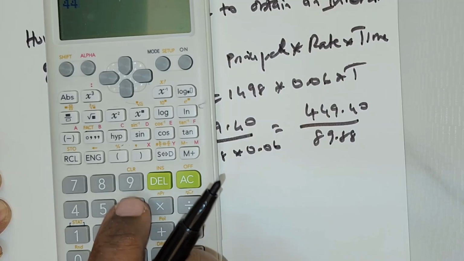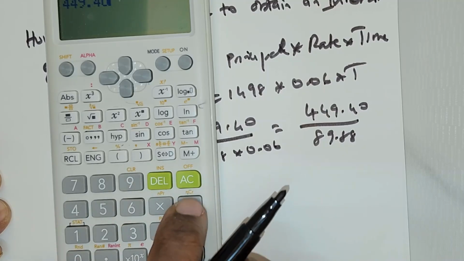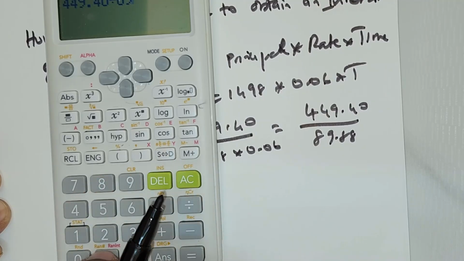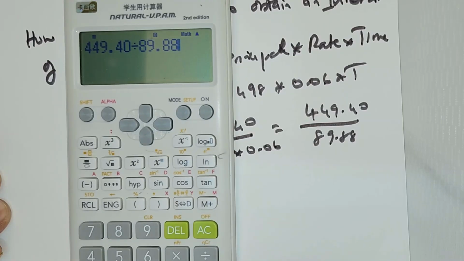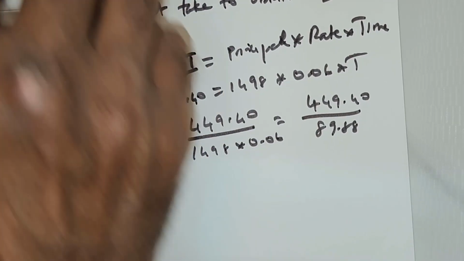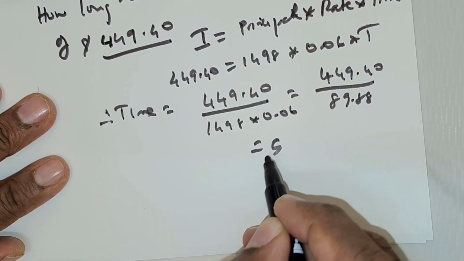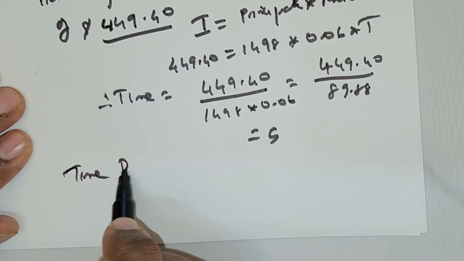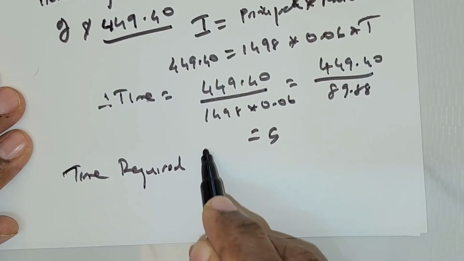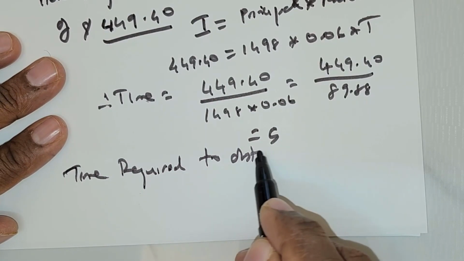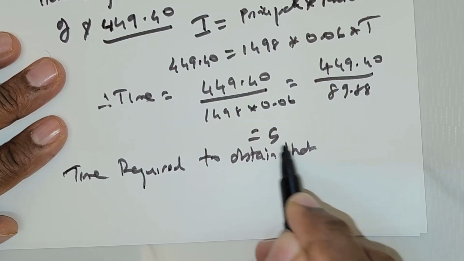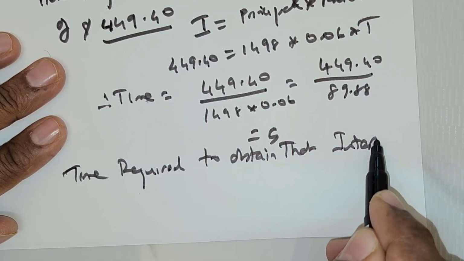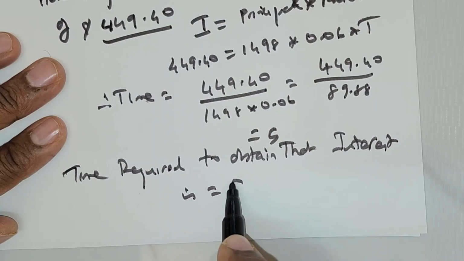So 449.40 divided by 89.88, what do you get? 5. This is equal to 5. So time required to obtain that interest is equal to 5 years.